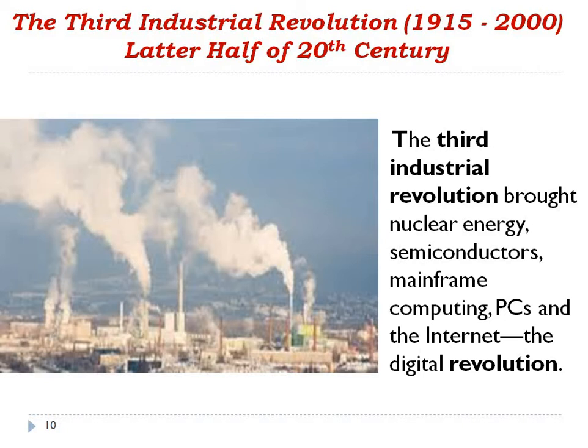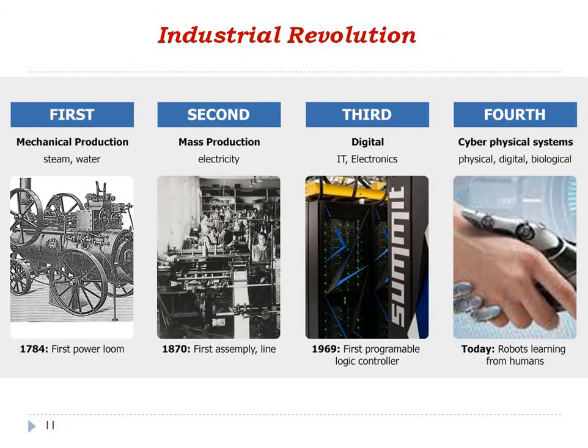We can say this is the time during which we had the digital revolution. And obviously the pollution levels still kept increasing. And the later part, we call it the fourth industrial revolution. So this is a concise picture of all the four industrial revolutions.